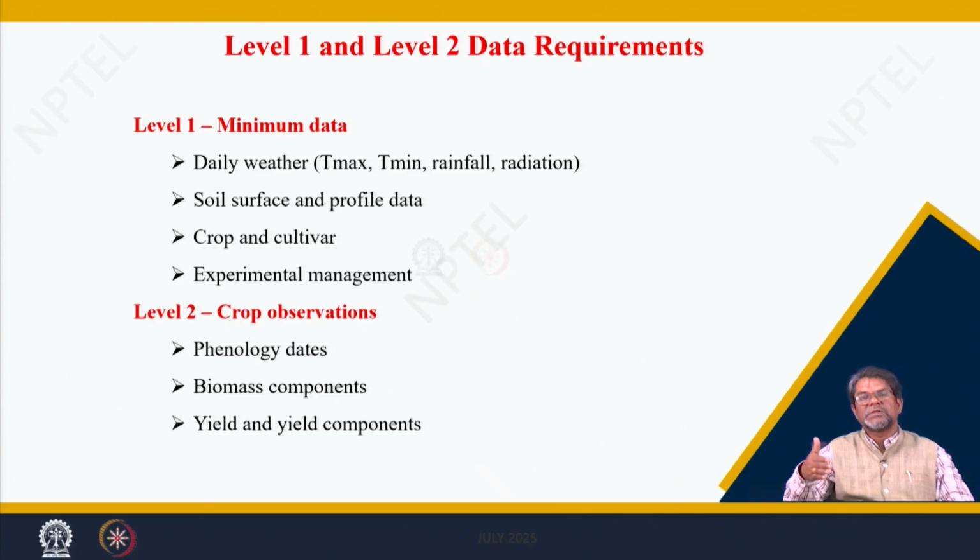So, these are the phenological events. So, that information, as the crop performance file as we discussed earlier, is added in addition to the minimum data set for label 2 for model performance evaluation.